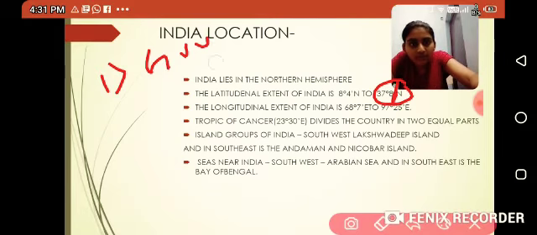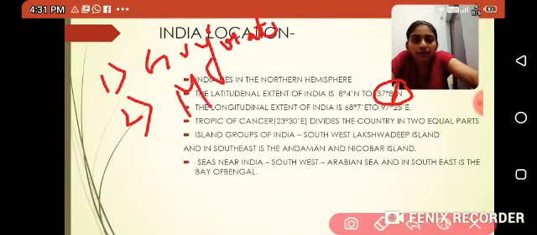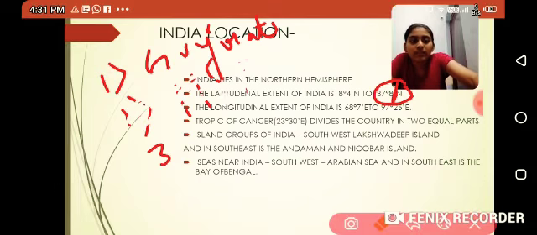Gujarat. Second, you have Madhya Pradesh. Don't take this as your second one. This is not going to be the second one.